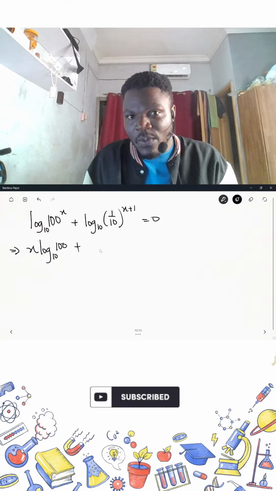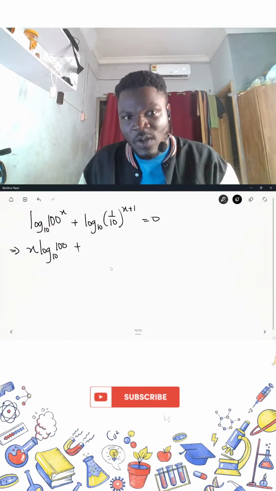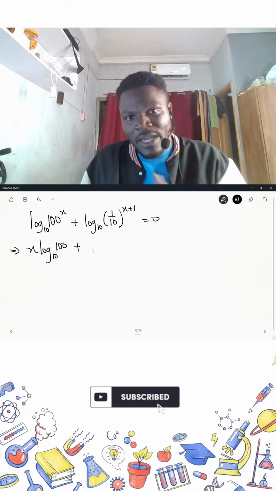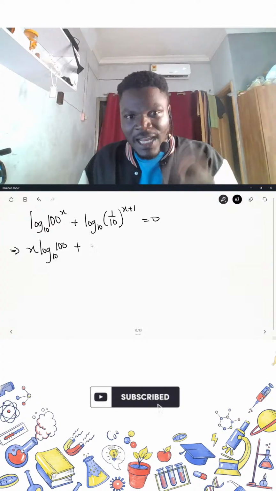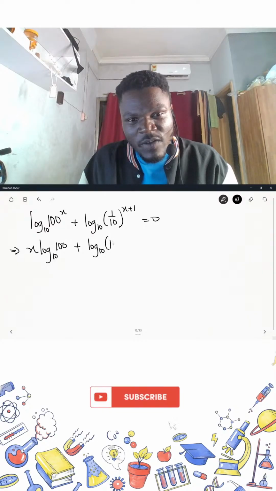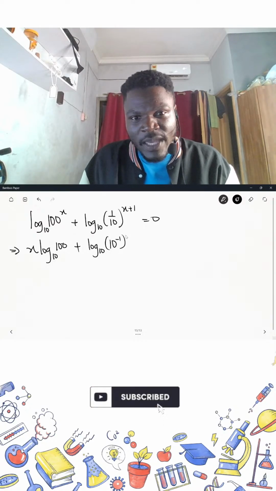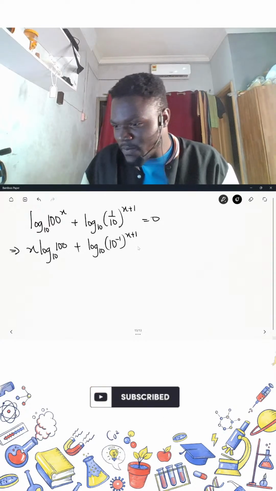Or, to be on the safer side, there's another thing we can do. We can write this as log base 10, then in the bracket we'll have 10 raised to the power negative 1, then x plus 1.